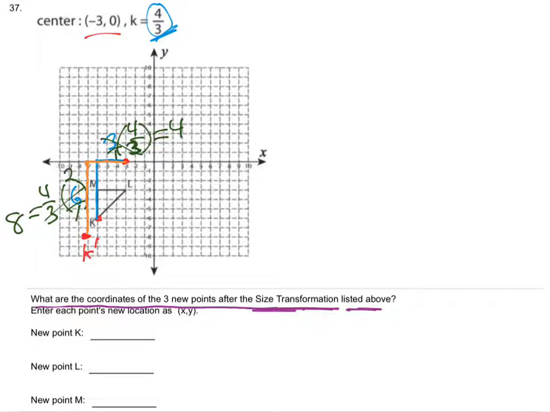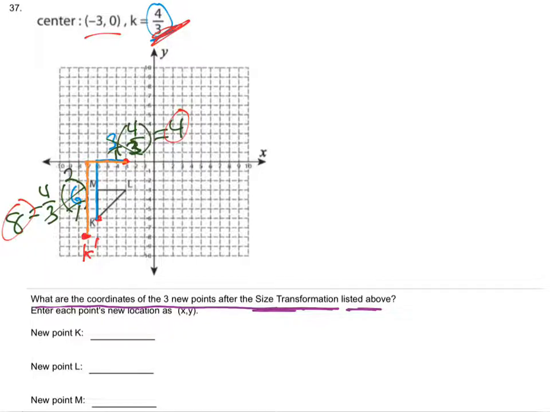See what happened? We moved 4 and 8 instead of 3 and 6. So you just take the movement left and down that you had to the old point K, and you multiply them both by 4/3, because that's the size transformation. We're making everything 4/3 as big as it was before. So 3 and 6 become 4 and 8.